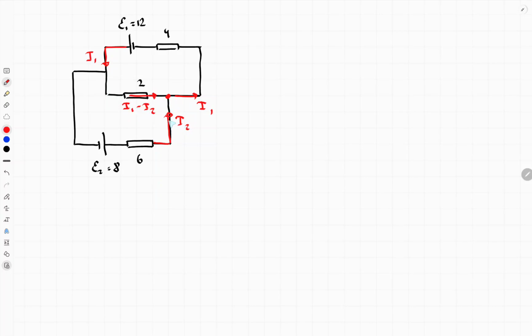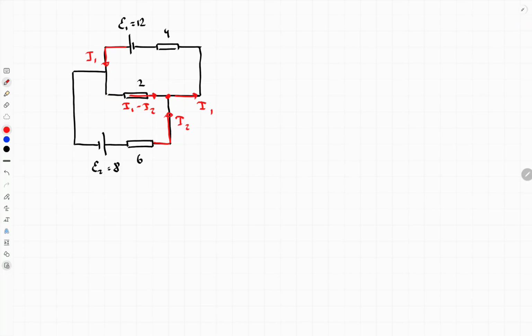If we add both of them, it should be equal to I1. It means electric current passing here should be I1 minus I2. Of course, we can use another variable I3, but in terms of math, we will have more equations. I'm avoiding more equations, that's why I'm not introducing new I3. I just call it quickly I1 minus I2.